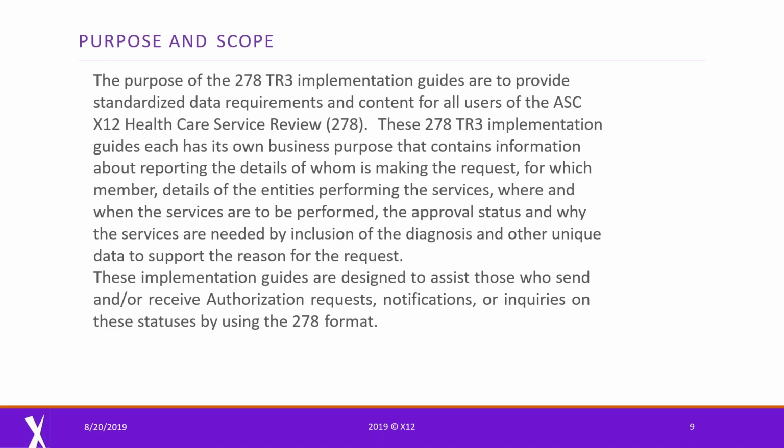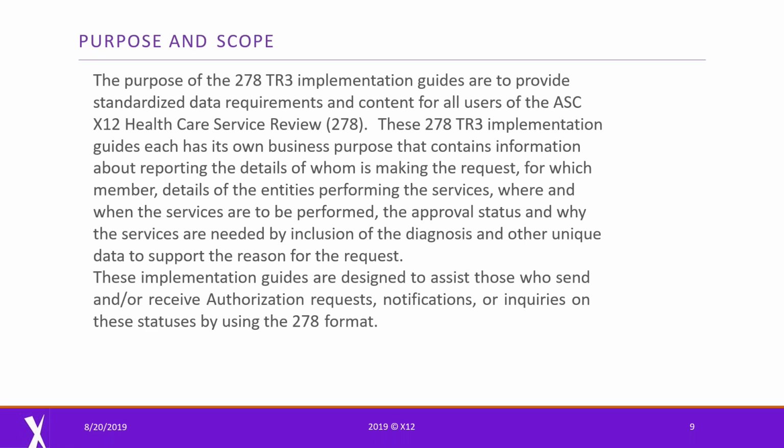The purpose and scope of the 278 TR3 is really to provide standardized data requirements and content for all the users of the 278. Even though we're going to talk about 3 different TR3 implementation guides, which each have their own special business purpose, the structure within the 278s themselves is pretty much all the same.